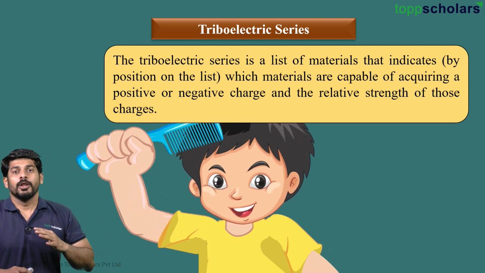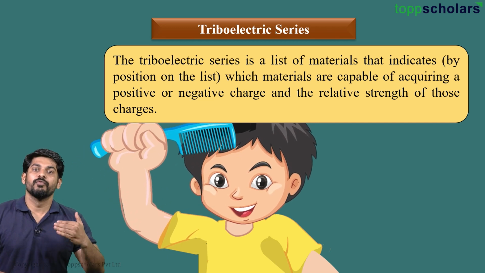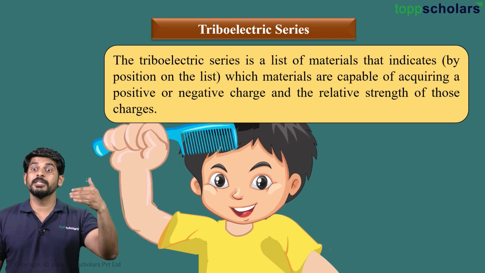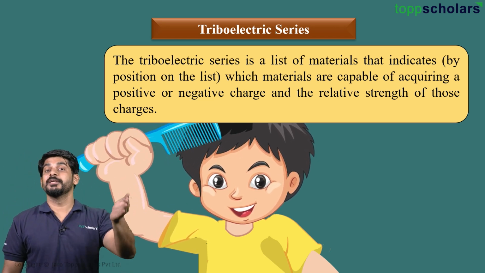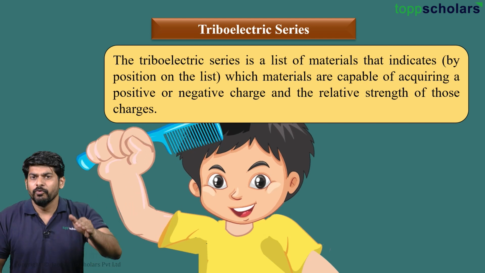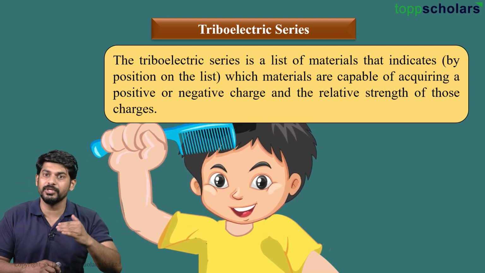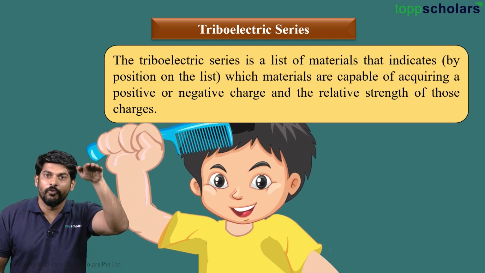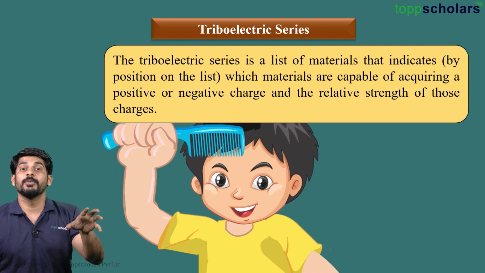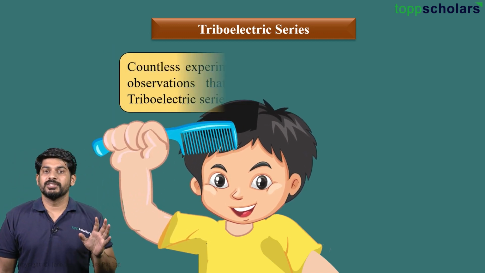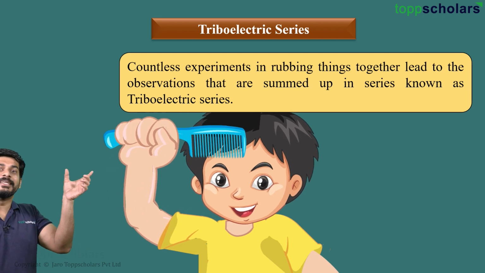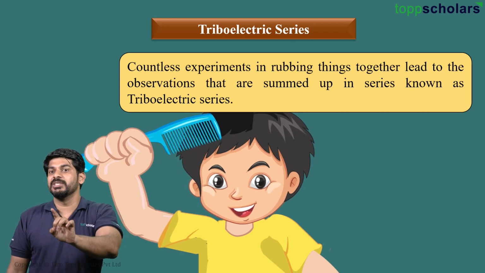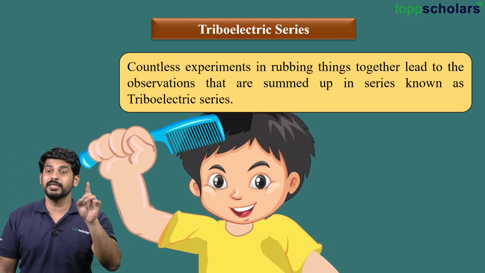Lots of experiments were carried out with lots of insulating materials, and it was found that some materials became positively charged and some became negatively charged, with different strengths of electric charge. Based on these experiments, a series was formulated and it was called the triboelectric series. Countless experiments in rubbing things together led to observations that are summed up in the series known as the triboelectric series.